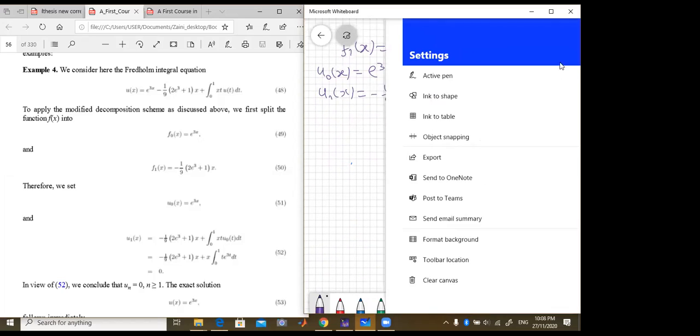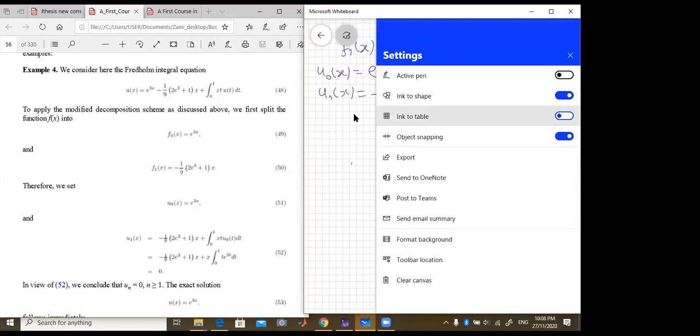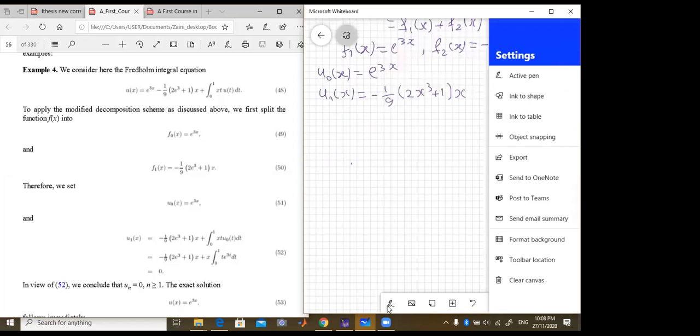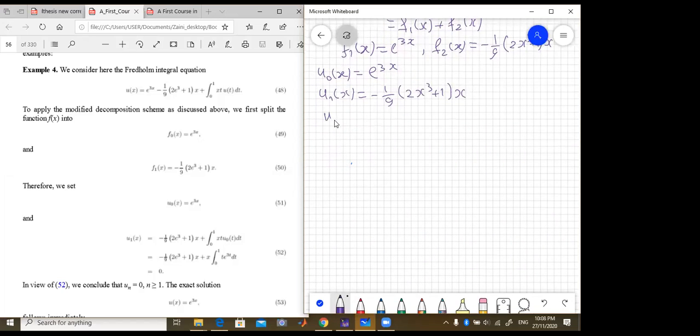Now the u2 function, it is equal to what? u2 I should calculate. This is u1 actually, sorry, I haven't finished yet.